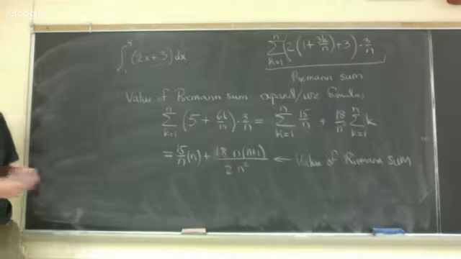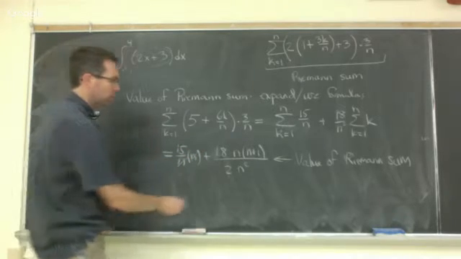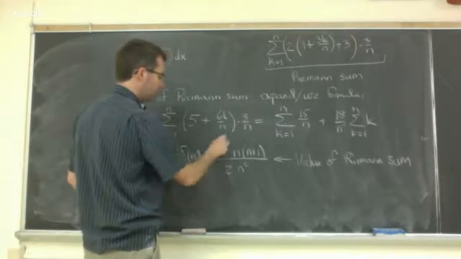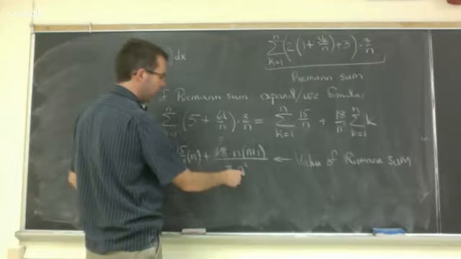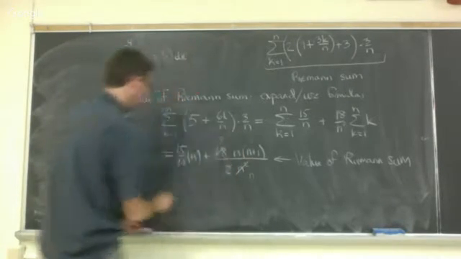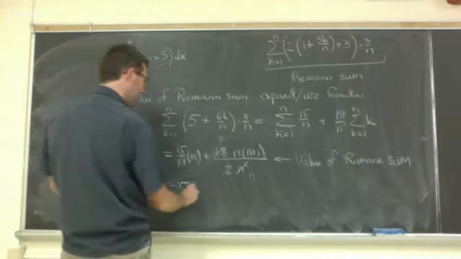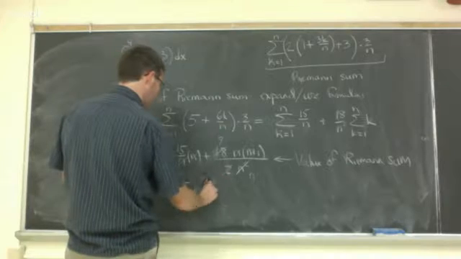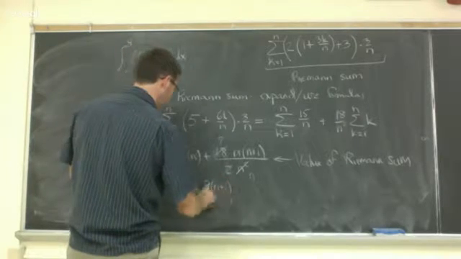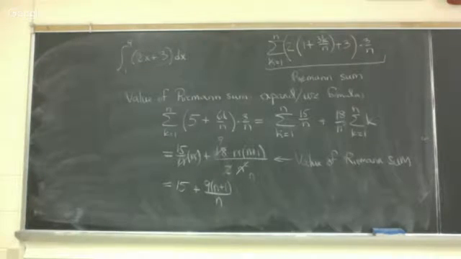Okay, so I would simplify this as much as I could. The n's cancel. 18 over 2 gives me 9. n over n squared, one of those will cancel. So a simplified version of our formula is 15 plus 9 times n plus 1 over n.